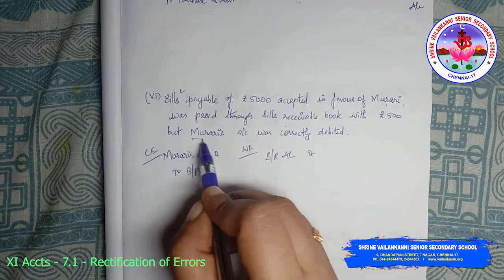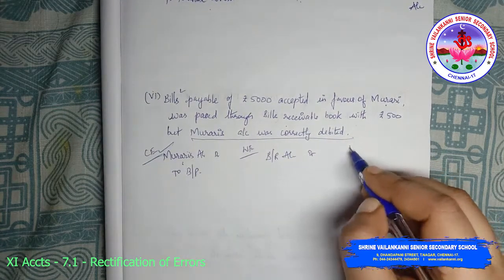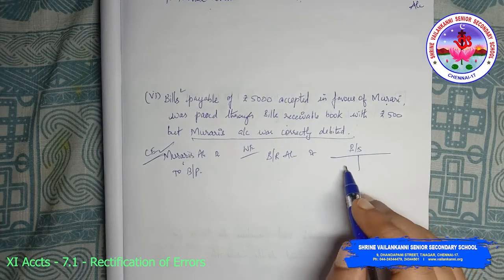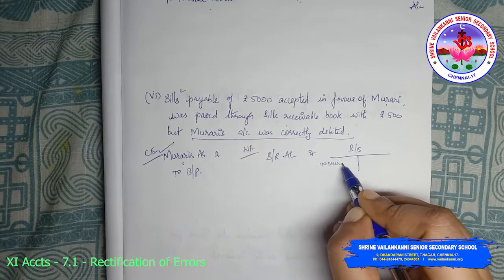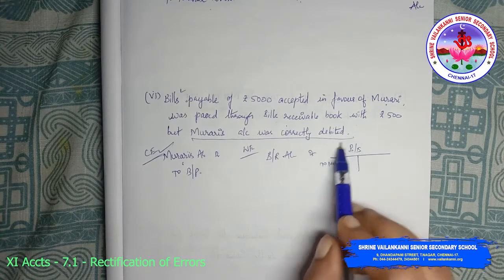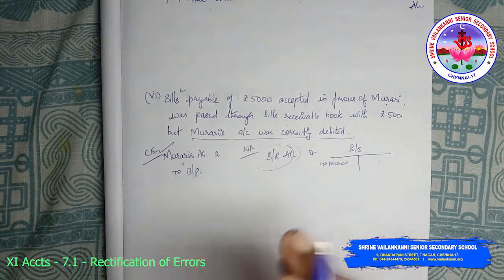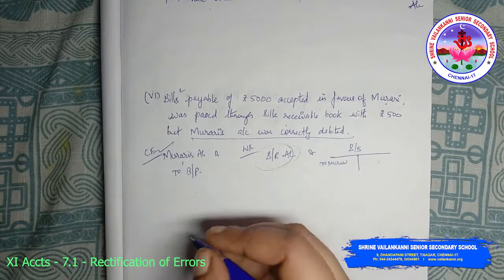Murari's account was correctly debited. While writing the bills receivable ledger, they have wrongly posted to Murari. So the bills receivable part is wrong. If one aspect is right and another aspect is wrong, you need to include suspense account.